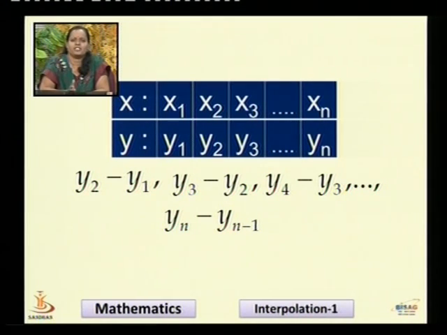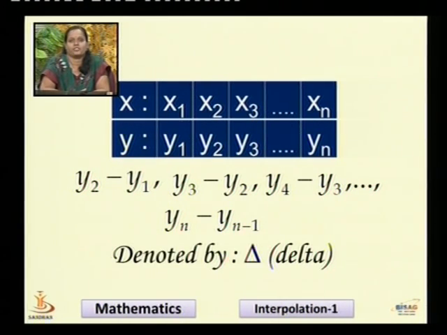So you can just see it is just a subtraction of the corresponding values of the function, the y values. So these numbers which we have obtained, that is y2 minus y1, y3 minus y2, y4 minus y3, and so on, they are called first order forward differences, and these forward differences are denoted by the symbol delta.